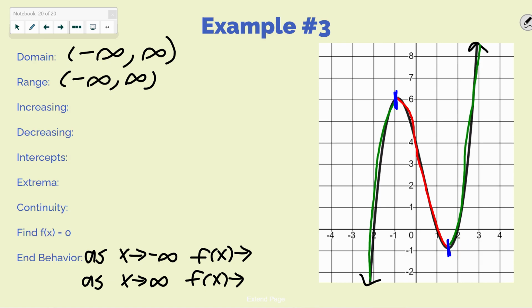Is it like negative 0.8? Oh, that's not right. We're increasing first. So where are we increasing?